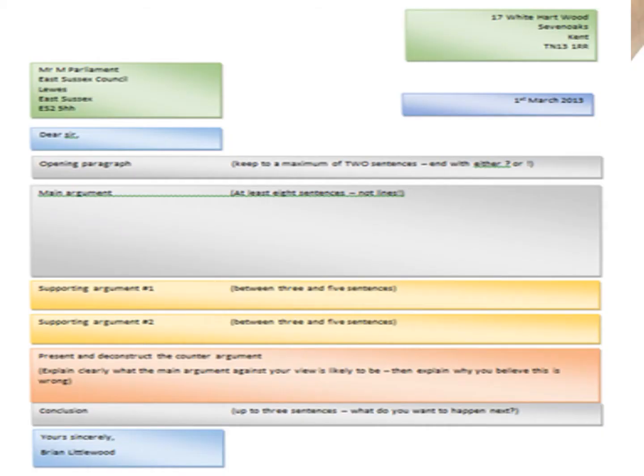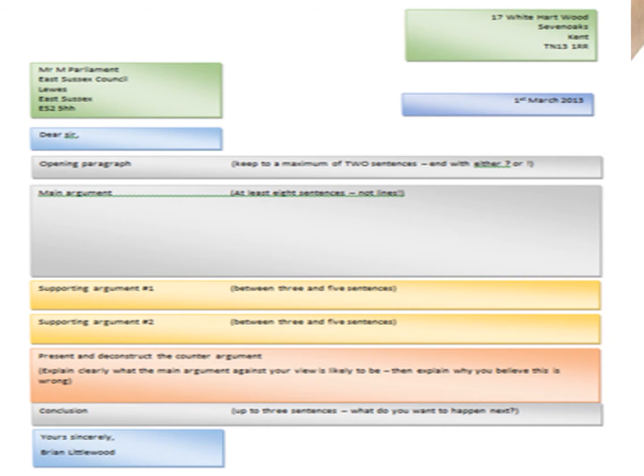Here's then a more formal version of that layout. You can see again the addresses at the top, the date, and then the Dear Sir or Madam. You then write a short opening paragraph, keeping to a minimum of around about 2 sentences, possibly 3 or 4, but certainly no more than 4 lines on your page. Then you do your main argument as paragraph number 2. This should be the largest of your paragraphs, the most in-depth you go into the main topic of your letter.